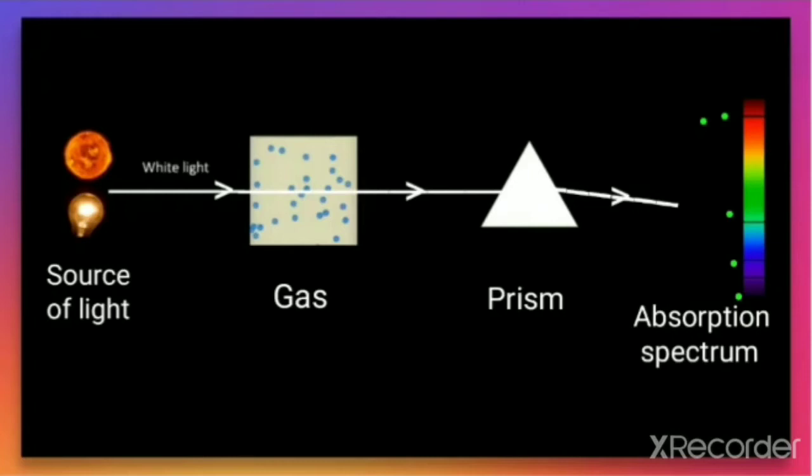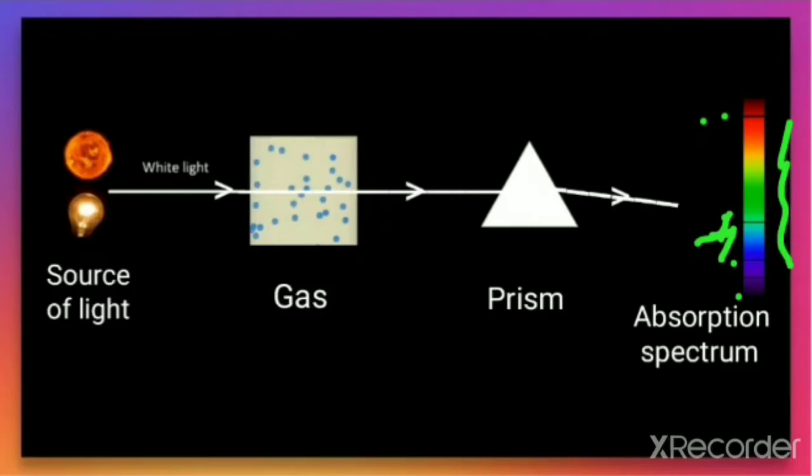So it is found that when light is passed through a gas, a certain frequency of radiation is absorbed by the gas. Therefore, in the spectrum of light, we can observe some gaps. This gap shows that radiation of a particular frequency is absorbed by the gas. Therefore, the spectrum is called an absorption spectrum.